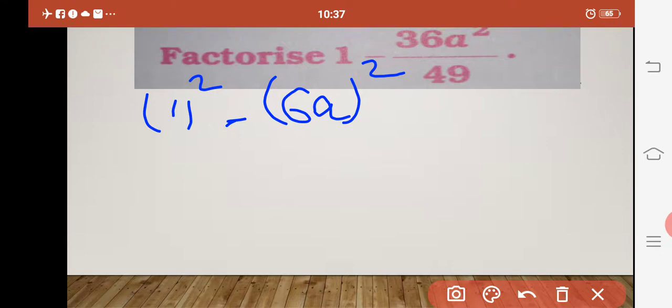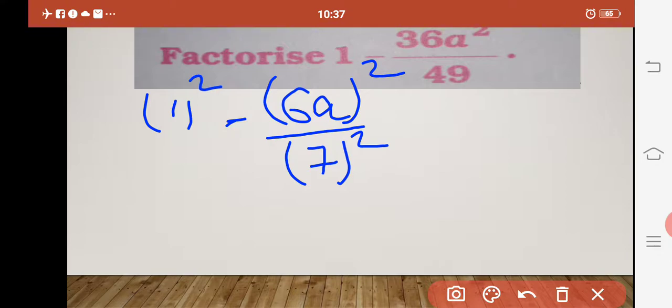So we can write 36a square as (6a) whole square, upon 49. 49 is the square of 7, so we write 49 as 7 square.